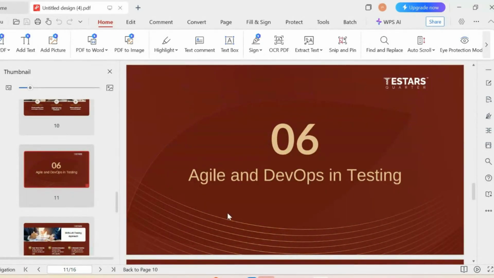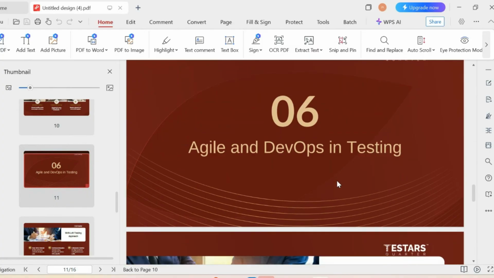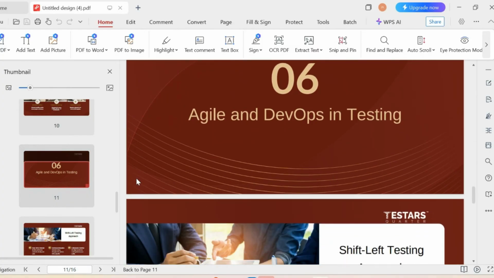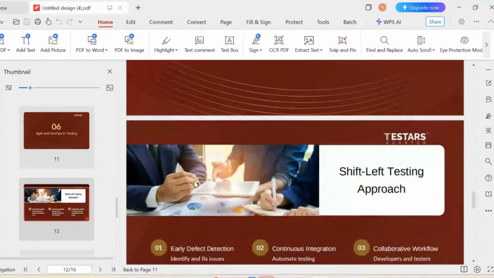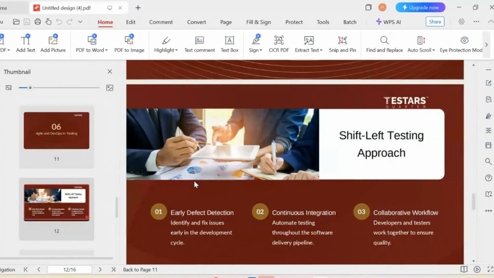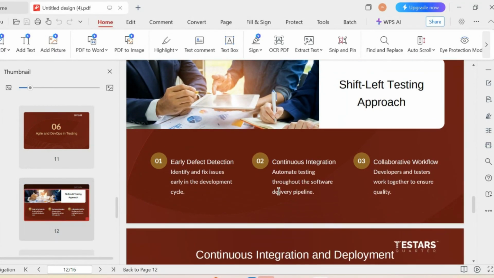Agile and DevOps and testing. So when we speak of Agile and DevOps and testing, we are looking at early defect detection, ensuring that we are fixing issues in the early development stage of testing, and also you need to test frequently throughout the development phase.